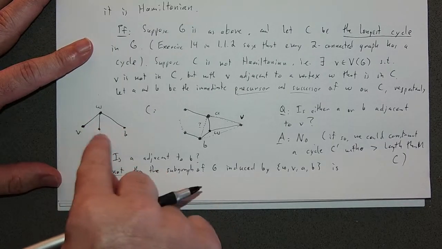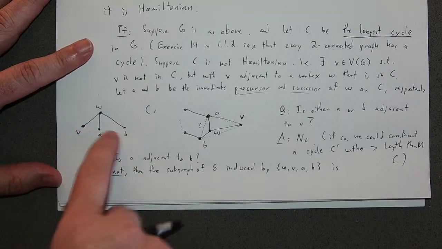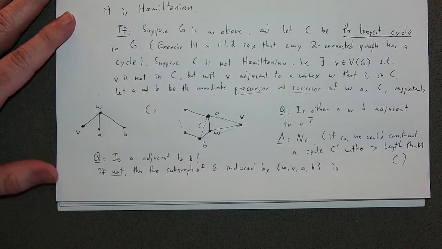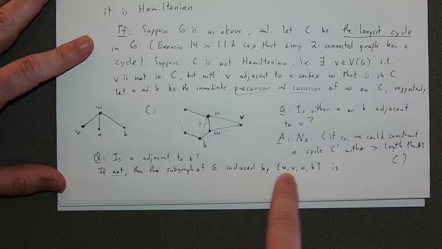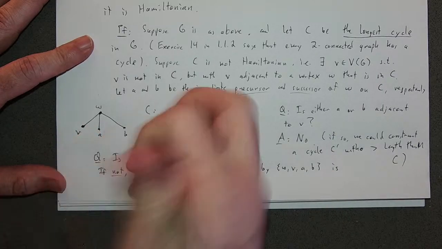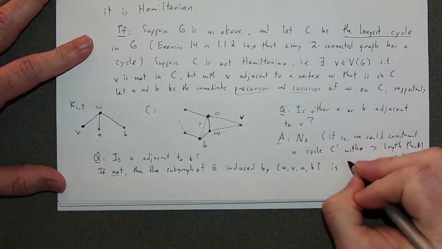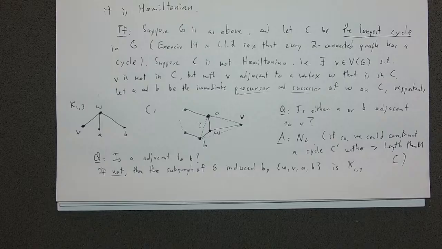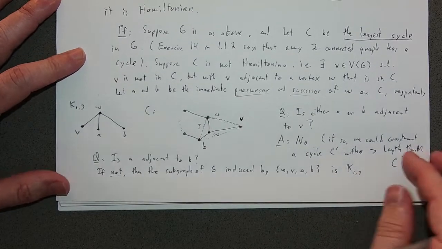So this would contain no other edges because there's no adjacency between V, A, and B, right? So V is not adjacent to A or B. A and B are not adjacent either. So if not, then the subgraph of G induced by W, V, A, B is this. But what is this? This is the claw. So that's not possible, right? So this is impossible.